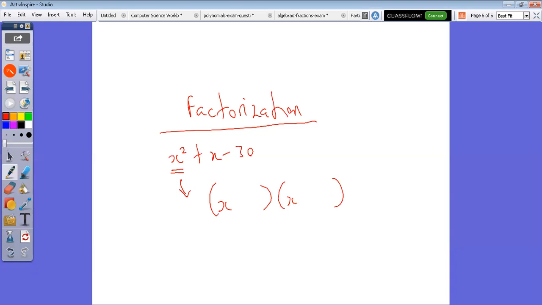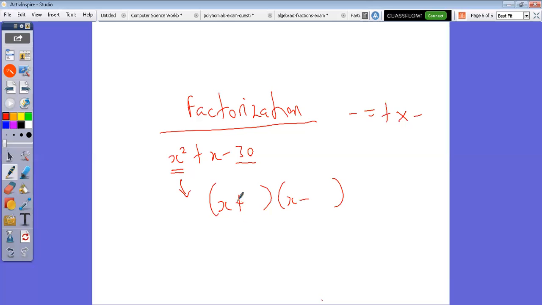Clear? That's the first thing. Then I look at this number here. It's a negative number. How do you get a negative number in maths? It's only when you multiply a positive times a negative. It means one of the factors here is a positive and the other one is a negative.